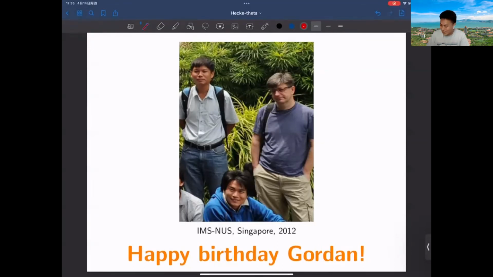But I think this IMS NUS conference was the first time I had a serious mathematical discussion with Gordon, and I was about to submit my thesis, and we were having some discussion of what is the correct definition of theta or big theta in some sense.